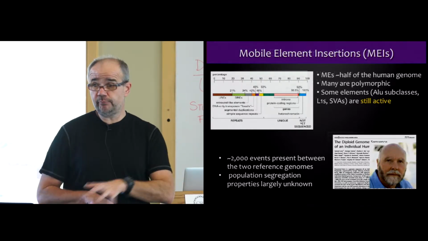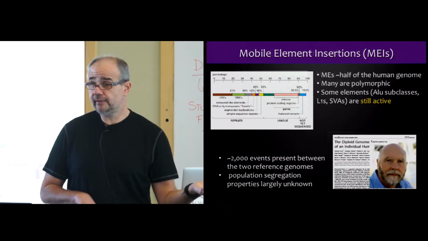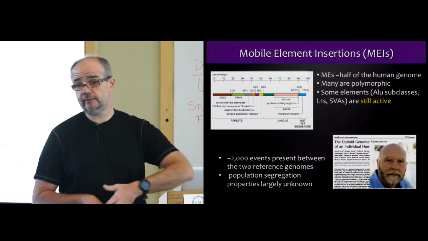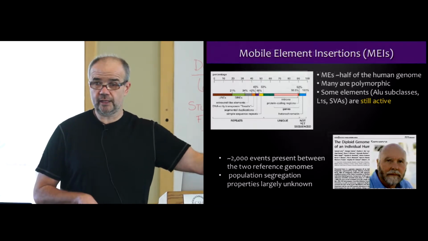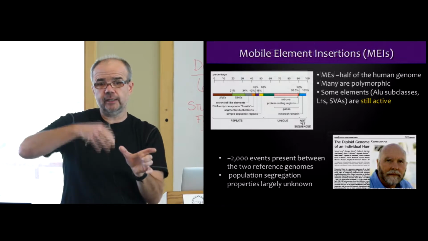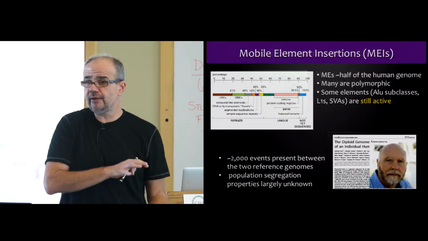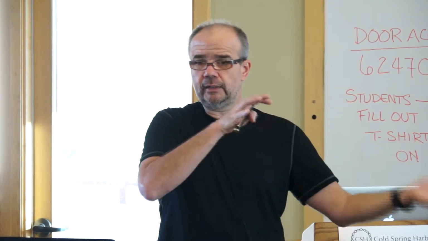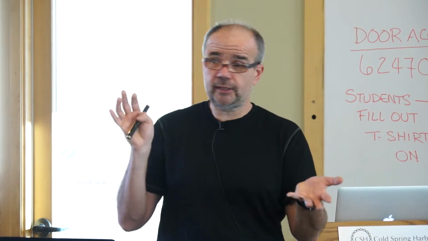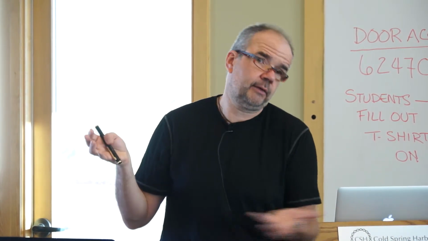and because they've been active recently, many of these elements are polymorphic. The idea is that what is polymorphic is that some individuals have it, some individuals don't have it. So once a new insertion occurs, then that child has progeny, etc. So now that character, that allele, is now in the population, and it can either die out, like many alleles, or it can be fixed, that means that now everybody has it, or it can be polymorphic in an in-between stage where some individuals have this allele and some individuals have other alleles, right?